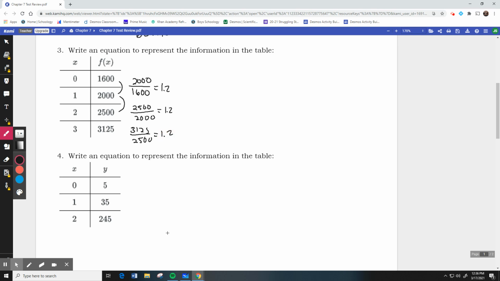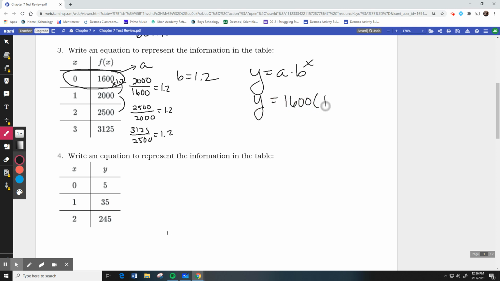So that means my multiplier is 1.2. So B equals 1.2. My A value is like your starting value, so that's what's paired with x equals 0. So my A value is 1,600, and it's exponential, which is the form y equals a times b to the x. So then I'd have y equals 1,600 times 1.2 to the x power. And there's my equation.